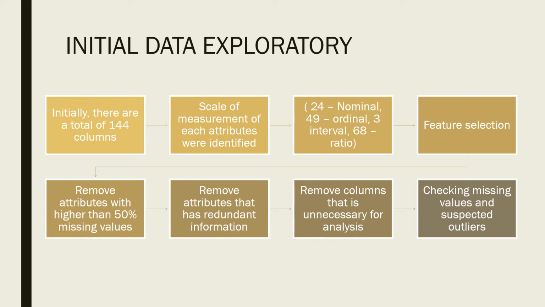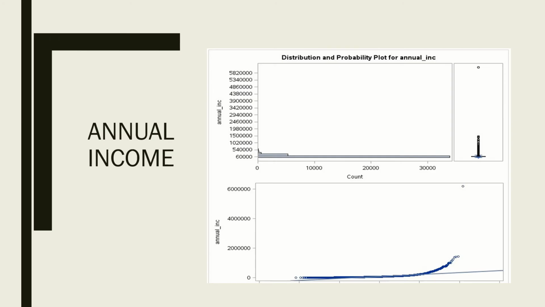And lastly, based on the column chosen, which is only 21 columns, the missing values is checked whether there is missing values in the data set and also suspected outliers.